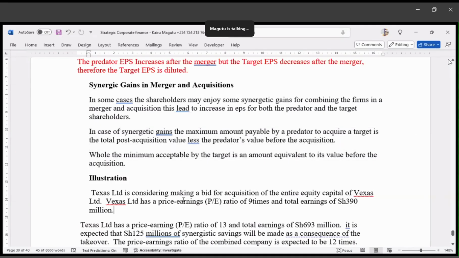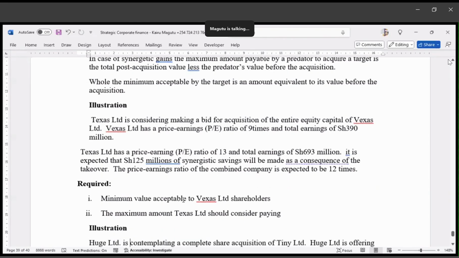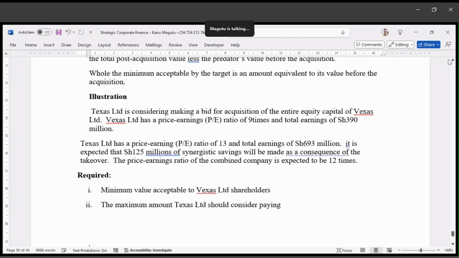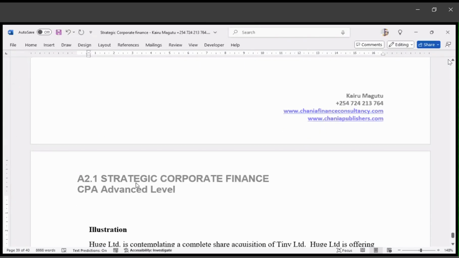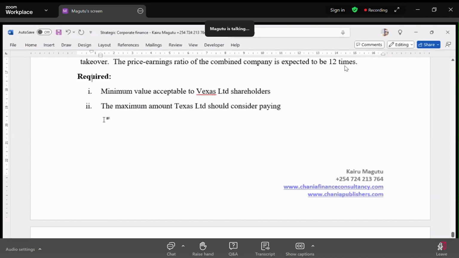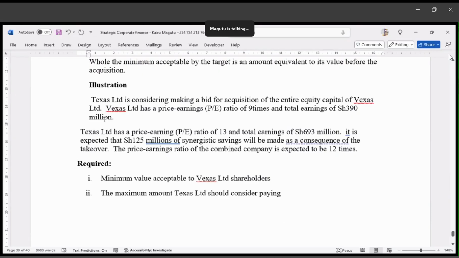I can explain this using a very small illustration, so that we understand. I will explain one illustration, then I will give you another one as an assignment. You go discuss, then we will look at it possibly next time.